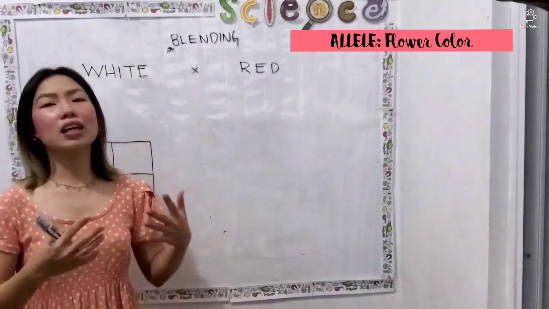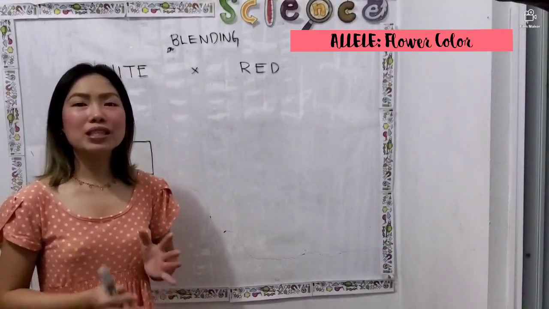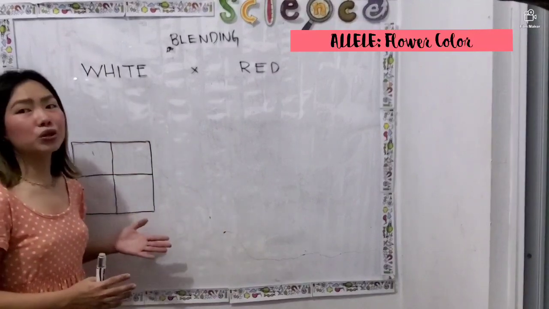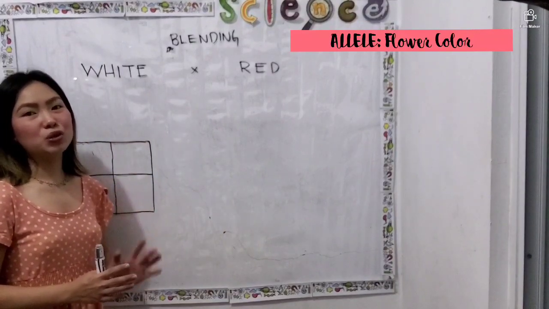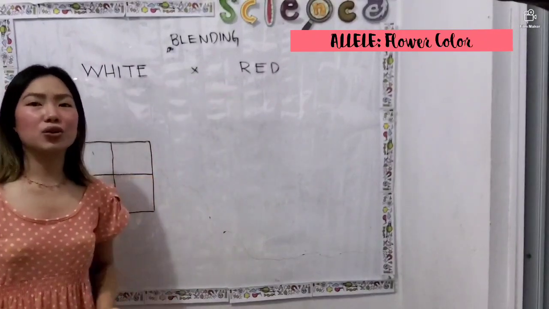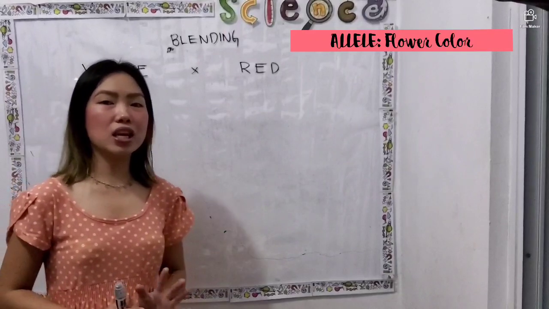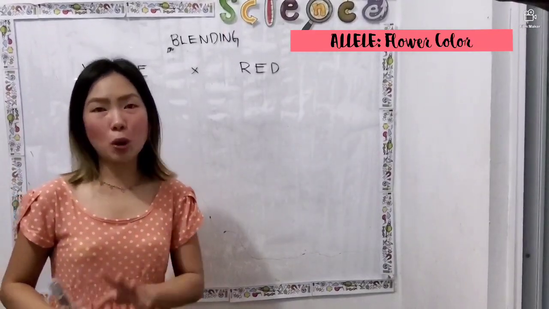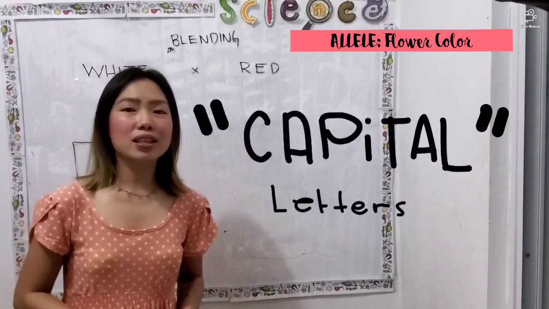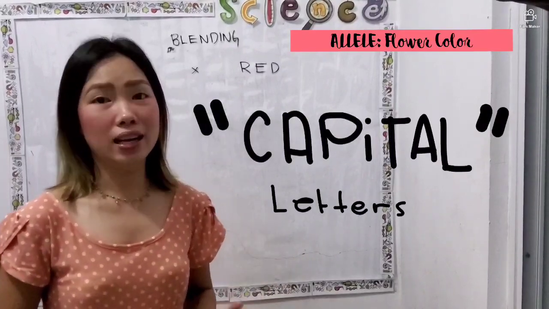So kahit alam na natin ang resulta, we still have to use our Punnett square in order to identify the result between the white and the red. So, lagyan natin ngayon ng genotype si red at si white. Since wala tayong dominant, wala tayong recessive, walang small letter, lahat ng gagamitin nating letter is a capital letter.